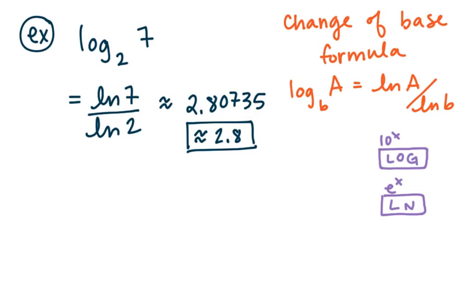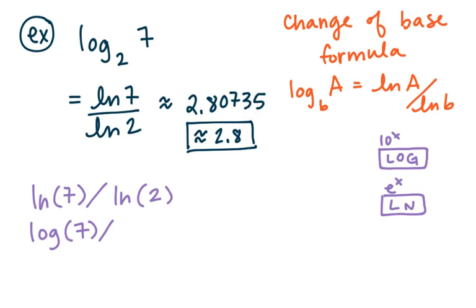So typing that into my TI calculator, I would have typed ln 7 slash ln 2, closing my parentheses, or log 7 slash log 2. Both of those will give me the exact same output, which is 2.807354922.